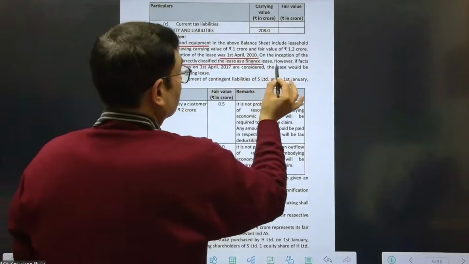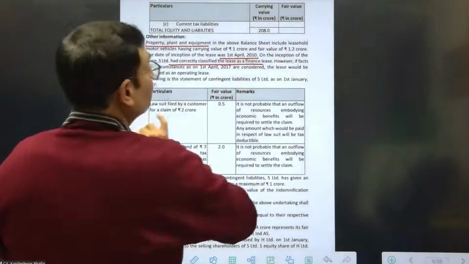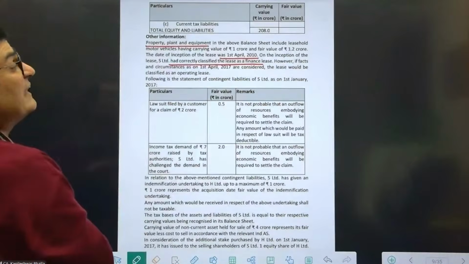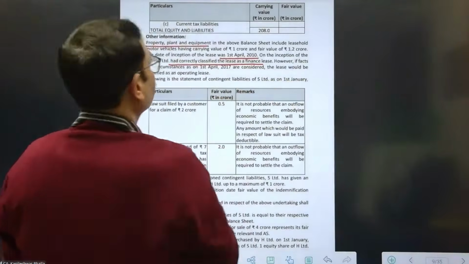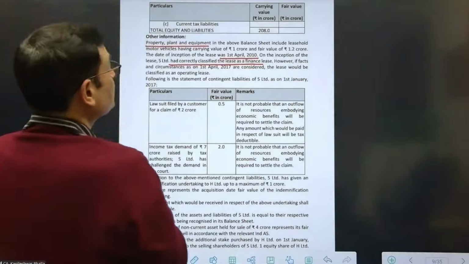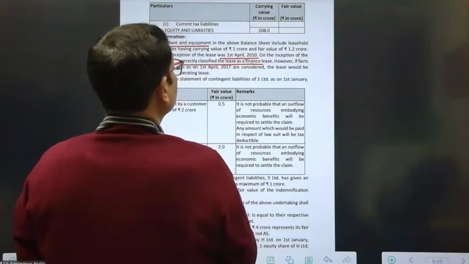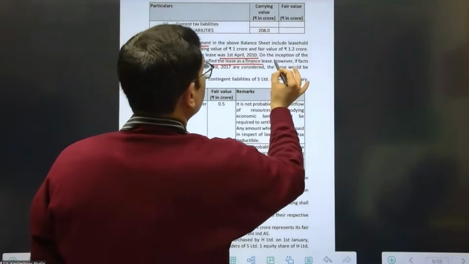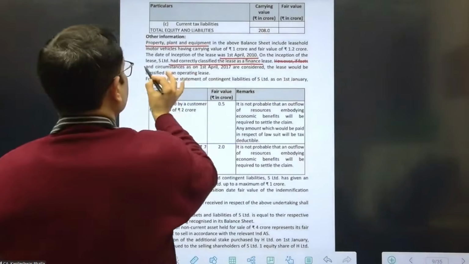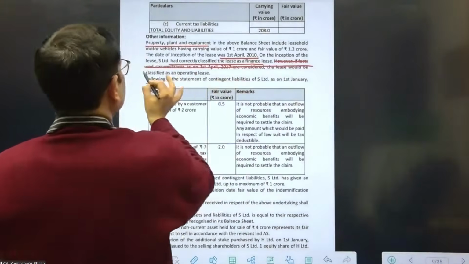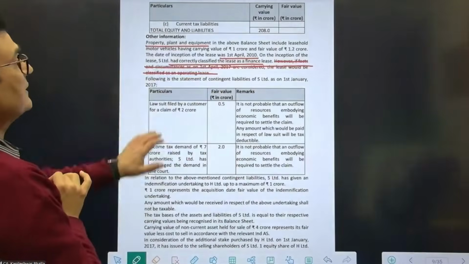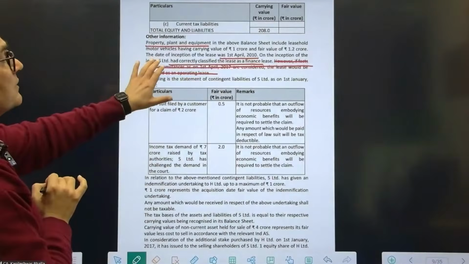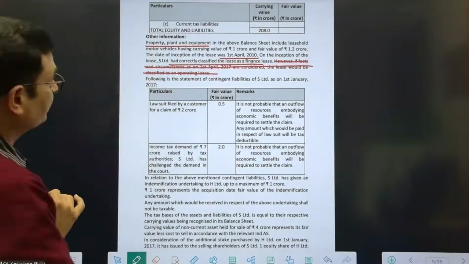Now, this has gone wrong because of the amendments in terms of Ind AS 116, because this was a little old question, so we'll rectify that part. However, the facts and circumstances on 1st April are considered, it would have been classified as a finance lease. I'm cutting this sentence because now, as per Ind AS 116, it is undoubtedly going to be a finance lease itself. So we will consider that this is supposed to be a finance lease.